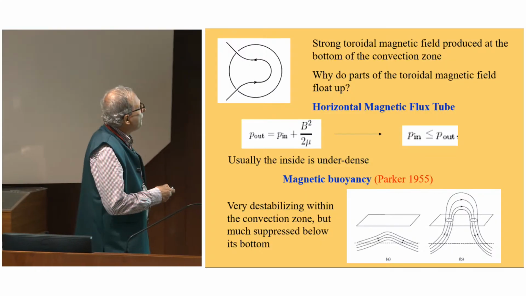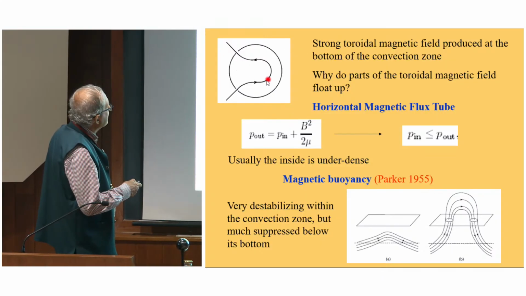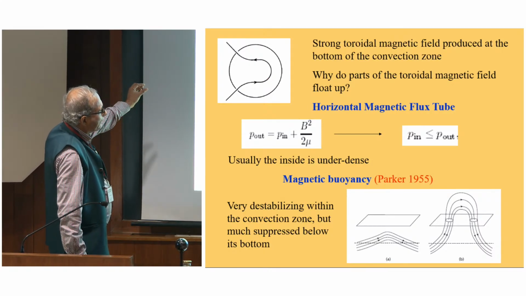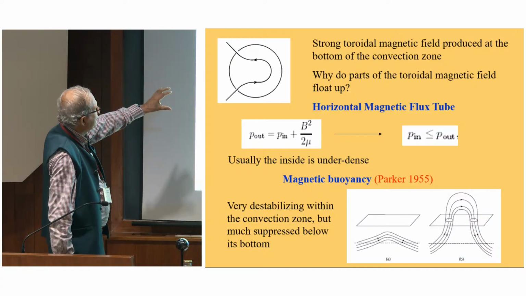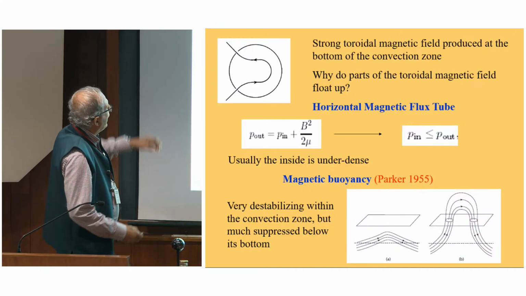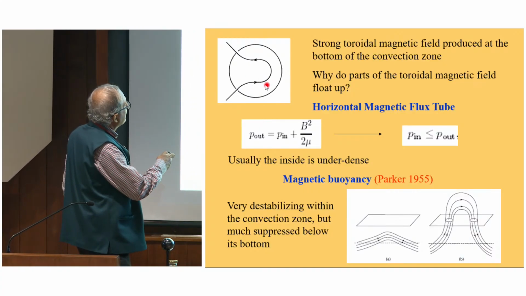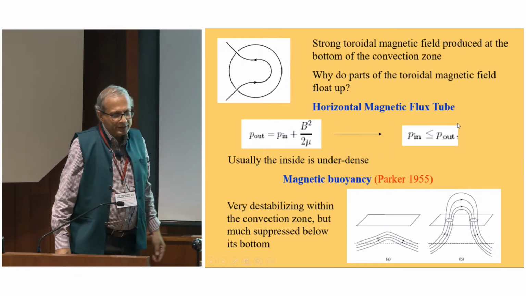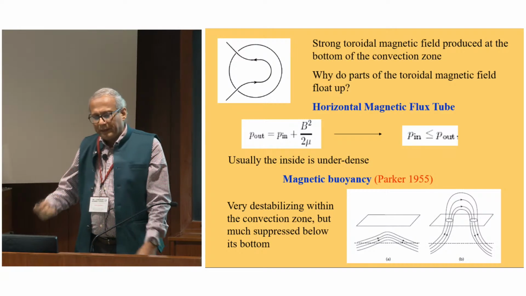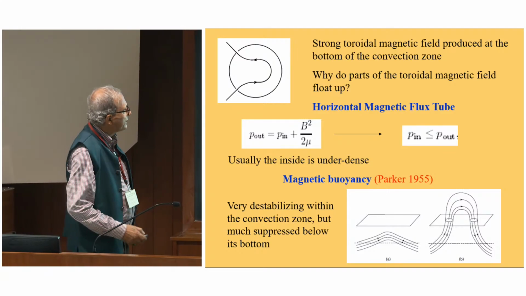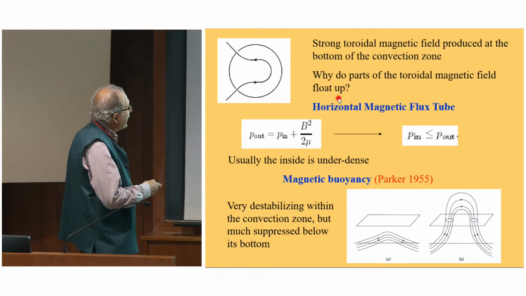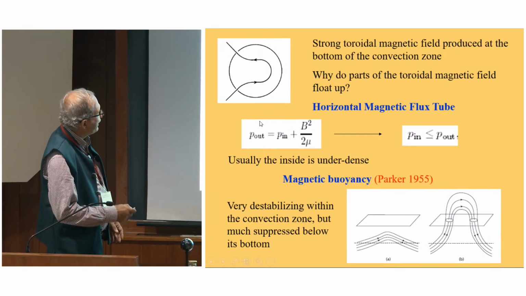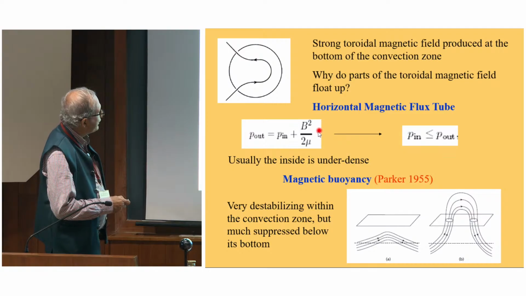But why would parts of this toroidal field float to the surface? We expect that because of interaction with the surrounding convection, this toroidal field would exist in the form of magnetic flux tubes, and there should be a pressure balance inside and outside. So outside we have only gas pressure, but as I shall discuss more in the afternoon, magnetic field also has a pressure.